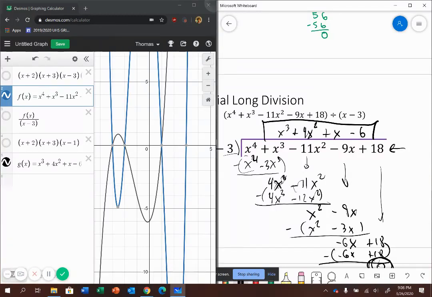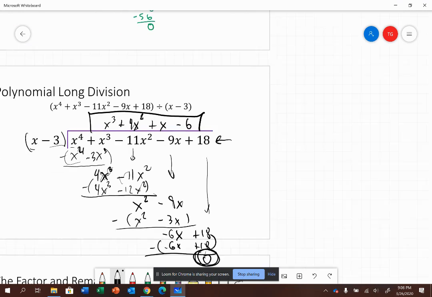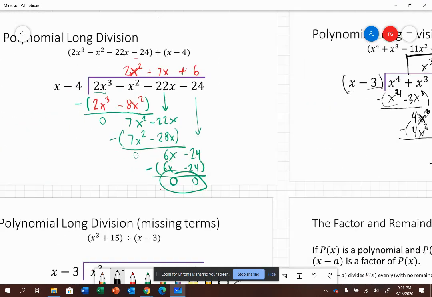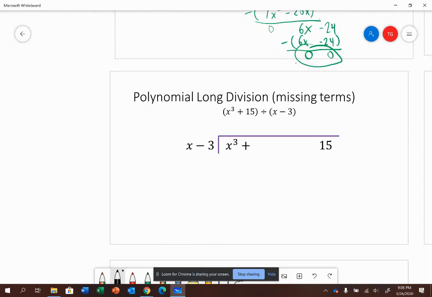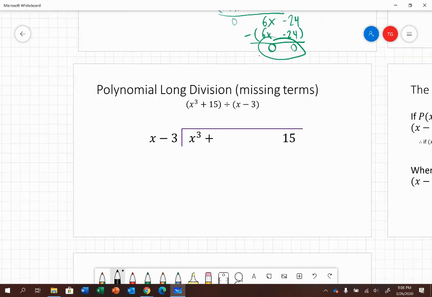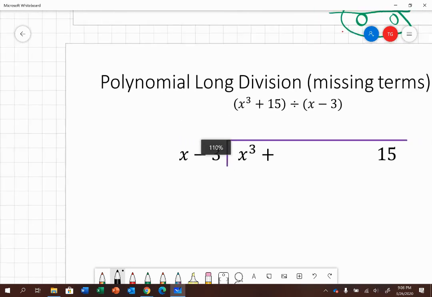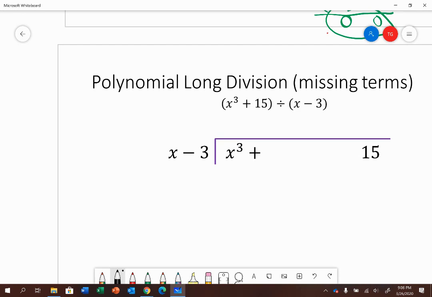So let's look a little bit more into long division here. There's another situation that can come up, and that's when we're missing terms. Just because we're missing terms doesn't mean that we can't do it. It's actually not a big deal at all. In the event you have missing terms, you just fill in zeros for those. They work as placeholders.